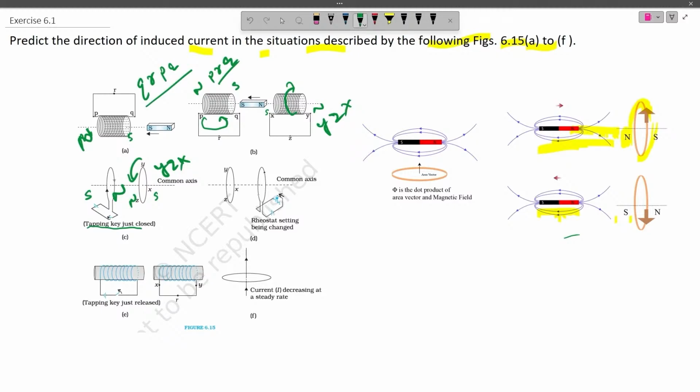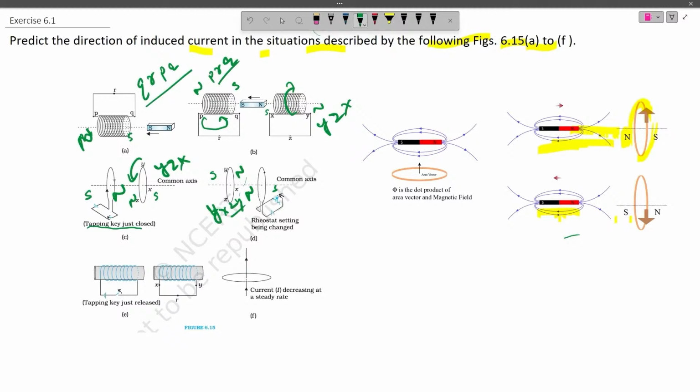If the current is increasing over here, a north pole will be created over here and a south pole over here, and again the north pole should be created in this coil over here and the south pole over here. Since this section is much nearer to us, in order to create the north pole, the current must flow through YXZ, so the direction of current will be YXZ and again Y.